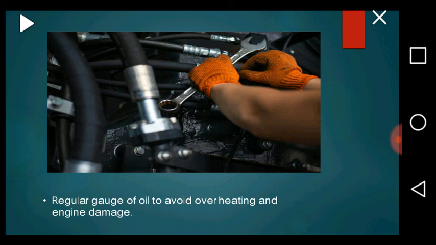4. Checking and warming up the machine regularly. 5. The use of ball bearings in the moving parts of a machine can also help to reduce friction. 6. Regular changing of oil makes the engine last long. 7.